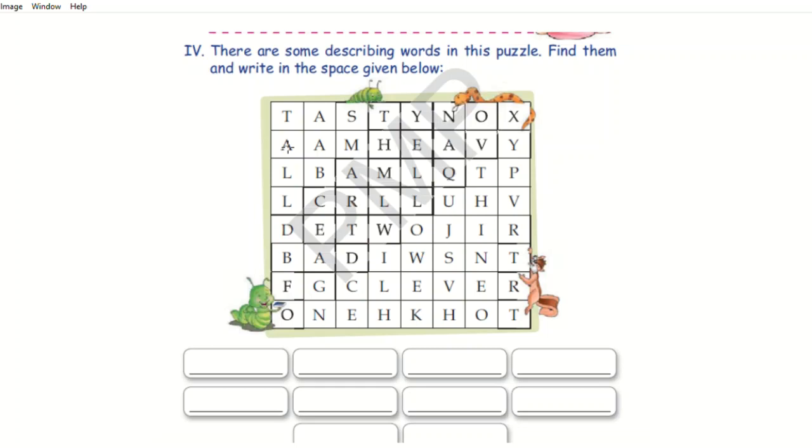Exercise 4. There are some describing words in this puzzle. Find them and write in the space given below. Here we have given a grid of letters. First, we have to find out 10 describing words from this grid. Let's start.